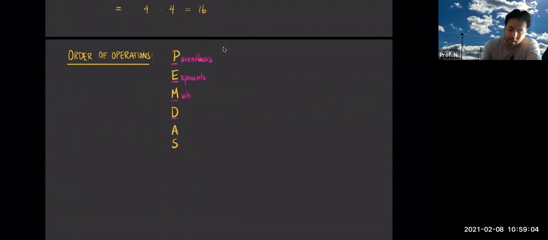You'll see that you can actually interchange the order of M and D, and you can also change the order of A and S, but for now, just keep it like this: division, and then we have addition and subtraction.